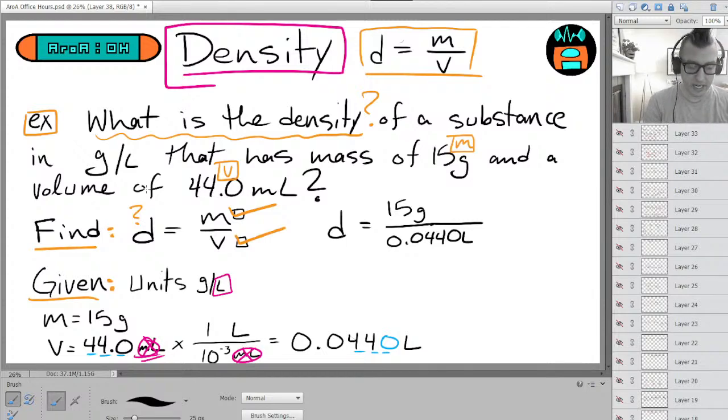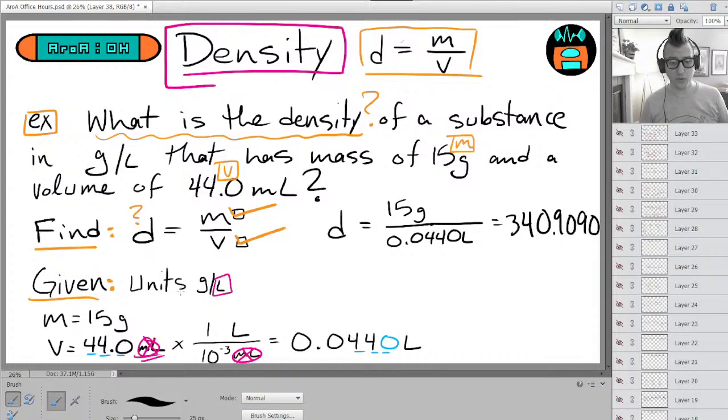So I can't do this in my head. Maybe you can. More power to you. But I need a calculator to crunch these numbers. 15 divided by 0.0440 comes out to be 340.9090 forever.